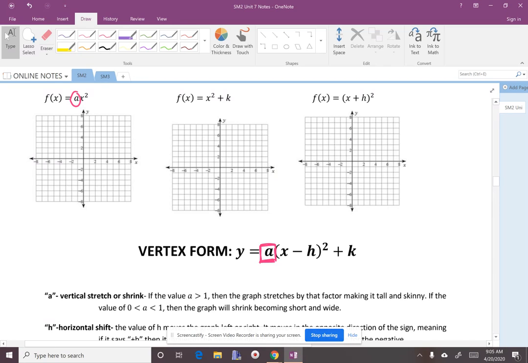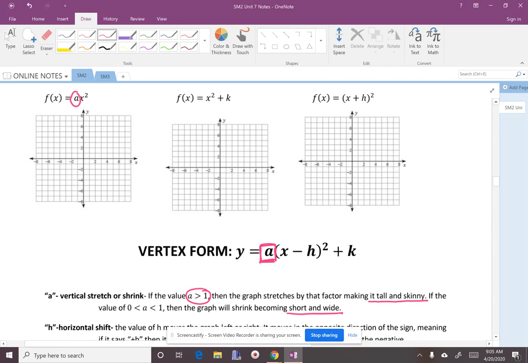And basically, you know whether it's stretched, okay? If A is a number that's bigger than 1, it's going to make it tall and skinny. If A is between 0 and 1, then the graph will become short and wide. We're going to squish it, okay?